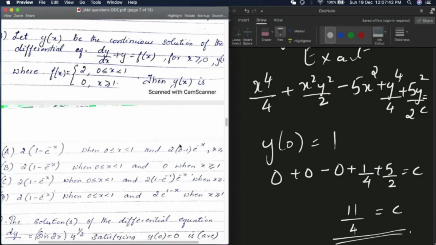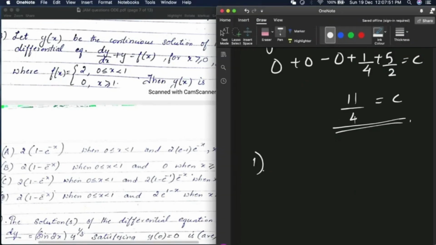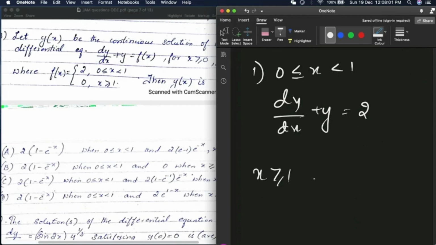So these are the two differential equations you have to solve. One is the case for 0 less than or equal to x less than 1, dy by dx plus y is equal to 2. And for x greater than or equal to 1, dy by dx plus y is equal to 0.